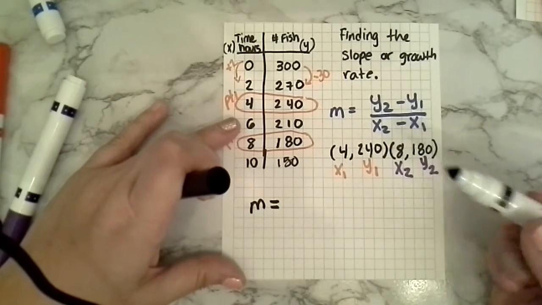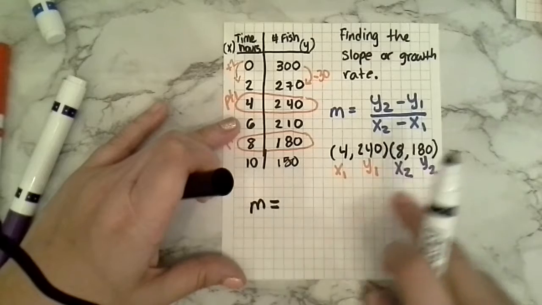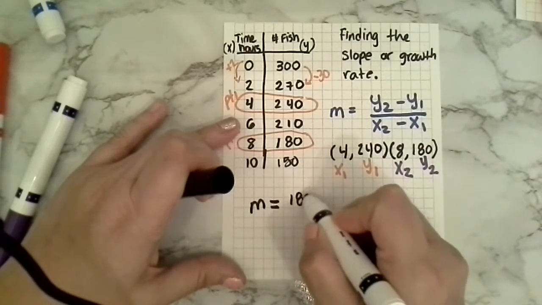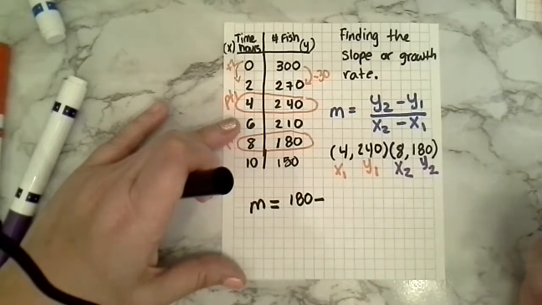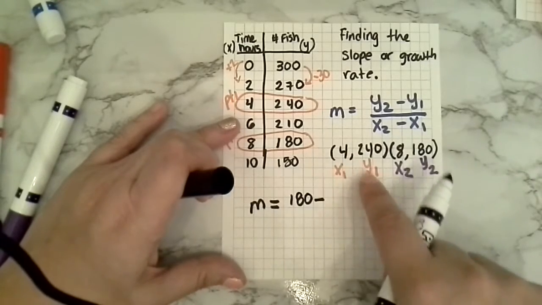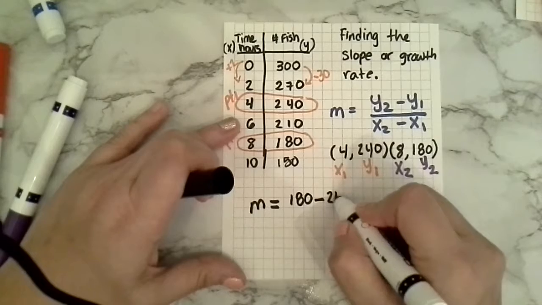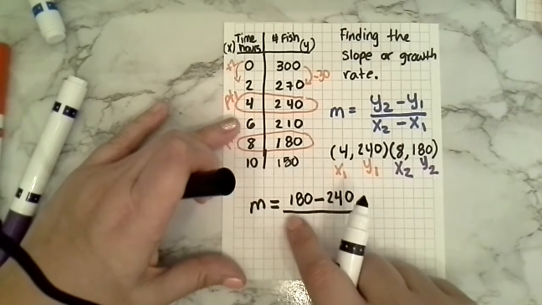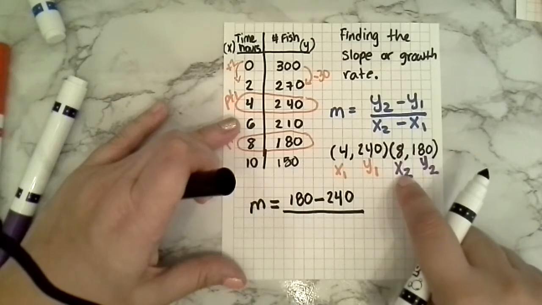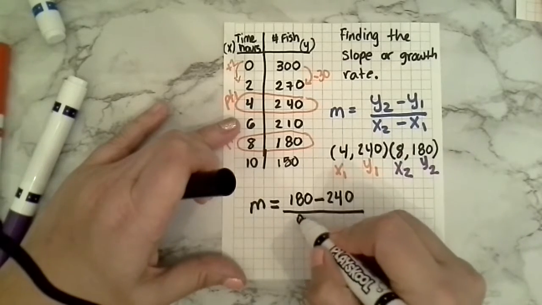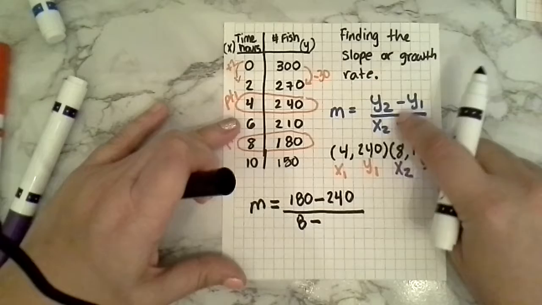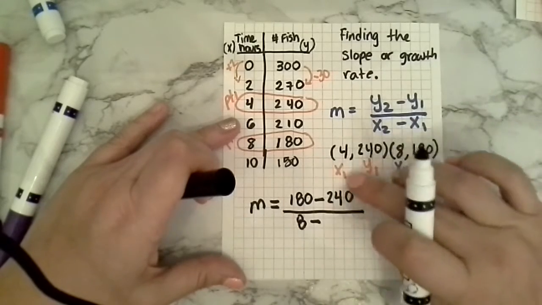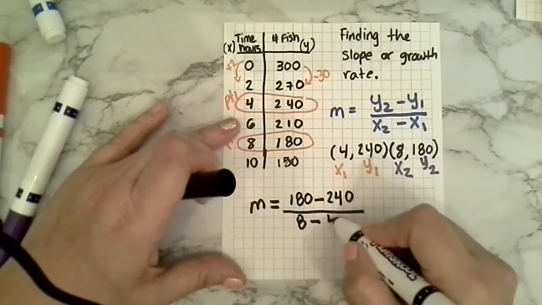Okay. So looking at this, I want my y2, so my y2 is 180, so I'm going to put 180 minus, what is my y1? My y1 is 240 all over x2, so I go and find x2. x2 is 8 minus, that's the formula, it tells you to subtract the x1 coordinate, so x1 is 4, so I'm going to put a 4 here.